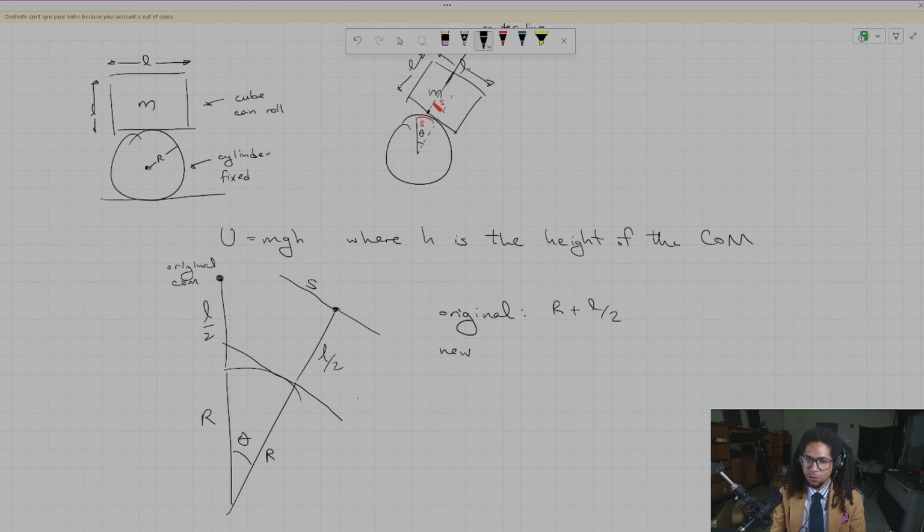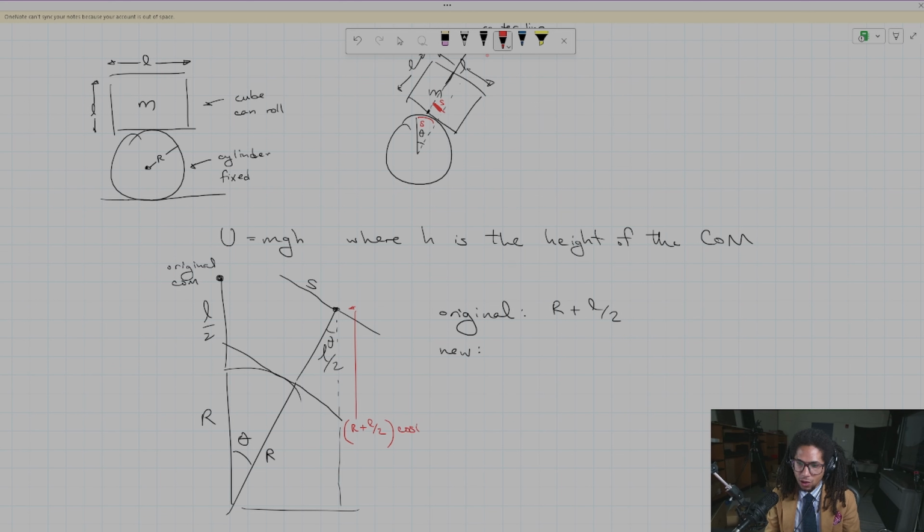The height of this point here, I can figure out relatively easily because this angle is theta. So this length here, well, that is the side adjacent to theta. So this is going to be r plus L over 2 times the cosine of theta.